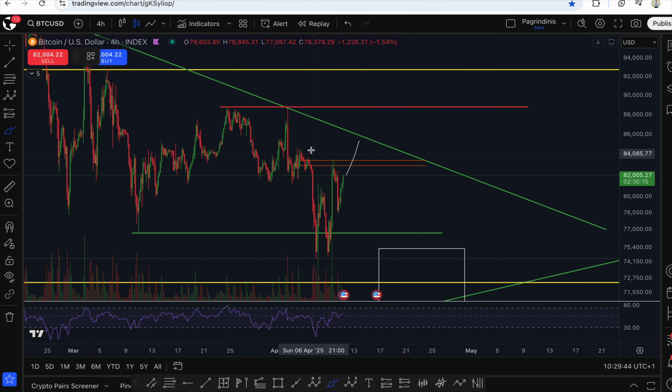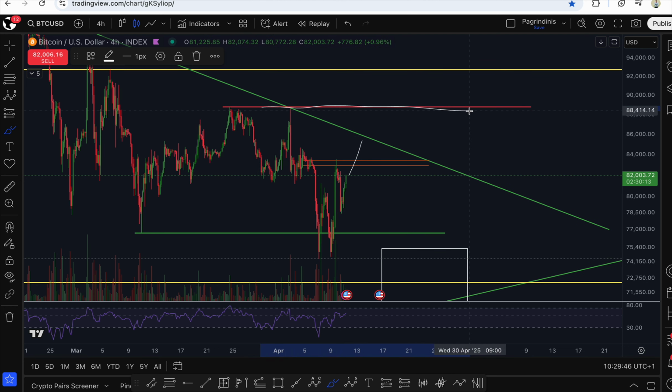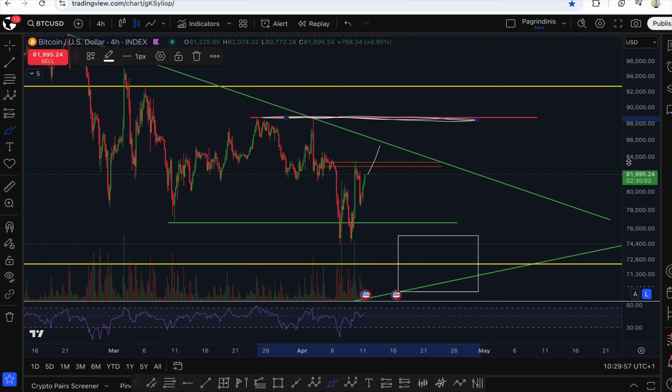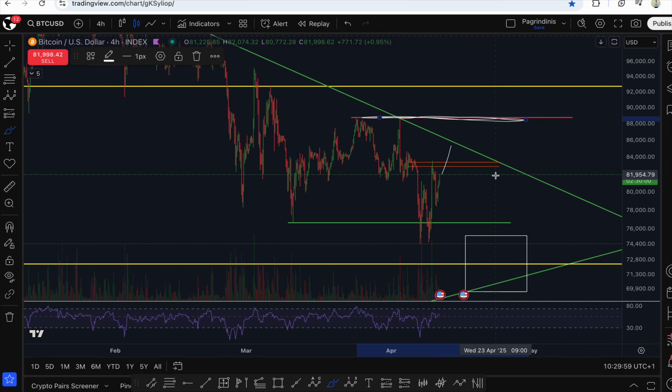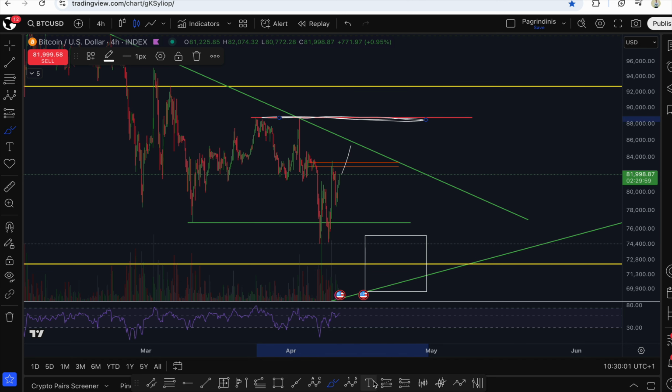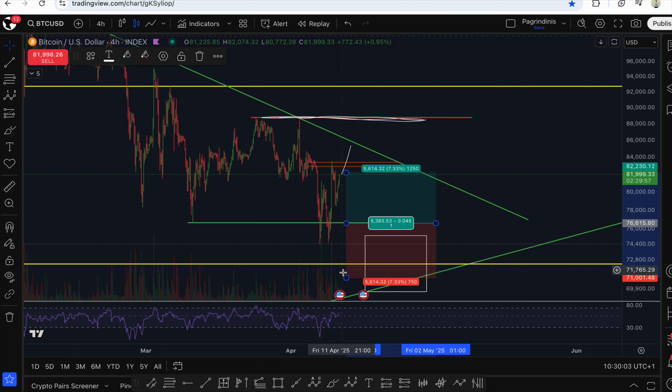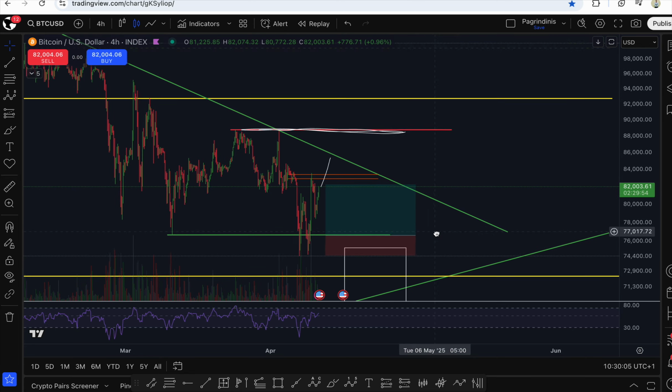When we get above this level and close above this level, close 4 hour candles, this is going to be a really strong sign that we are going up to the upside, in my opinion. So what I'm looking for now, I'm in my position. This is where I'm at.